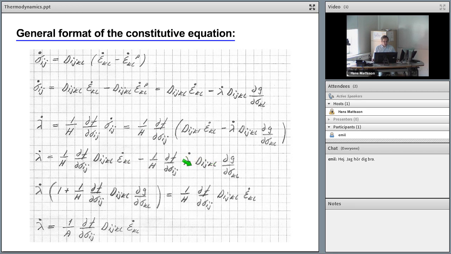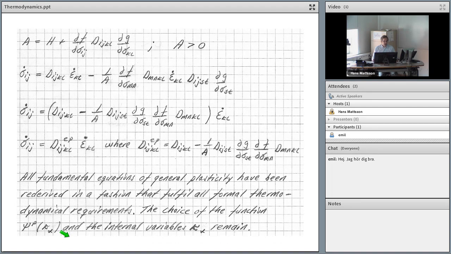Then I move this term to the left side and make a factorization, so I get the plastic multiplier here. And then I solve for the plastic multiplier, substituting everything here as big A. And we can see also that A should be larger than 0. This is the result that we have already derived before in plasticity.